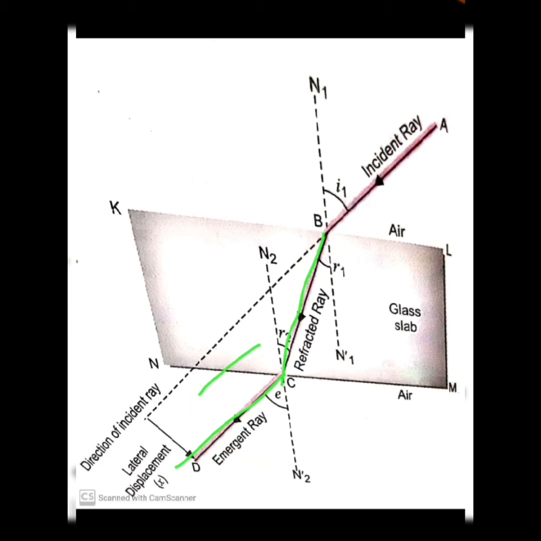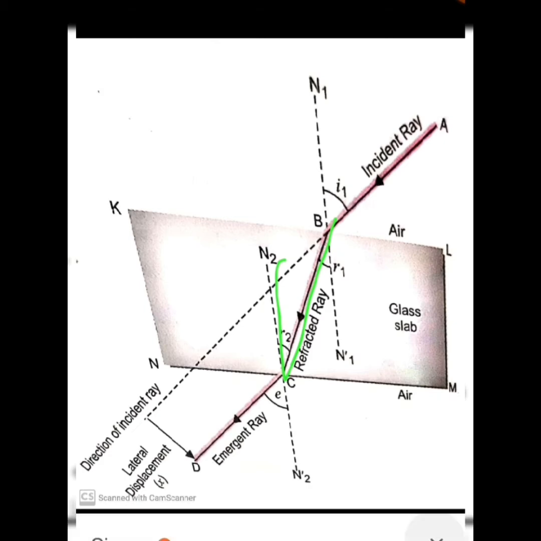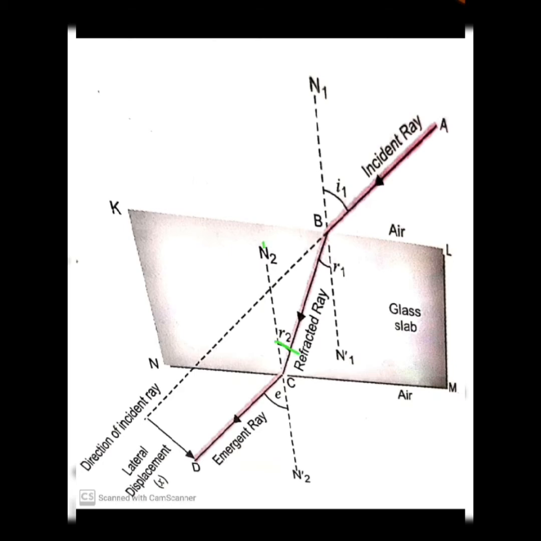For the second refraction at C, BC serves as the incident ray and N2CB is equal to R2, and this is the angle of incidence in glass, and DCN2 dash is equal to E, that is the angle of emergence.